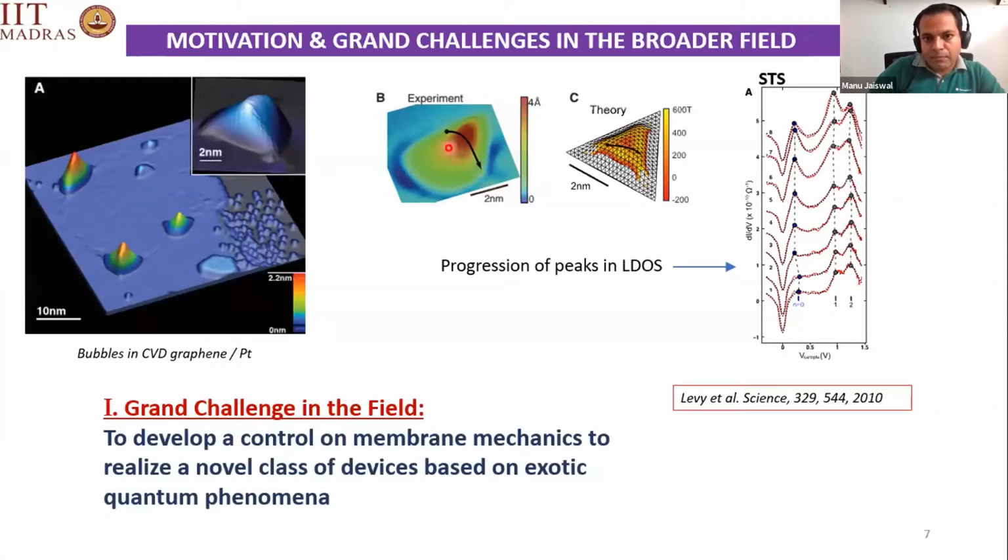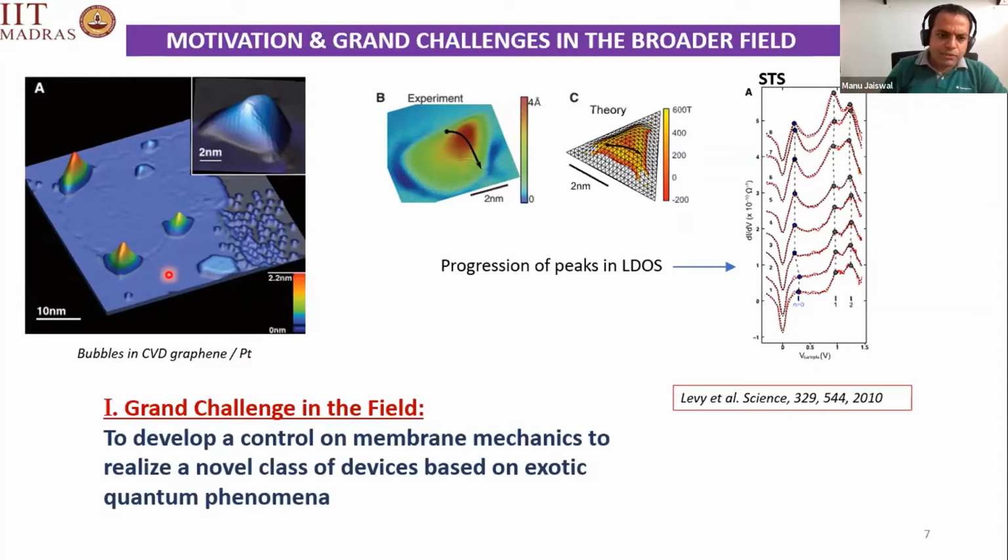And experiment has revealed that a magnetic field, not the real magnetic field, a pseudo magnetic field as giant as 600 Tesla can be present at these sites, which is also confirmed by theory, because these samples are highly strained. The membrane is highly strained at this location, and that strain field translates to an effective gauge field in the Hamiltonian, and that is responsible for this very unique phenomenon.